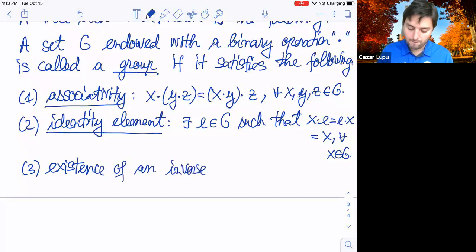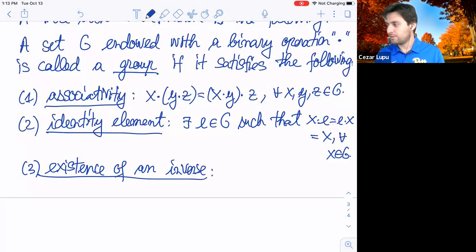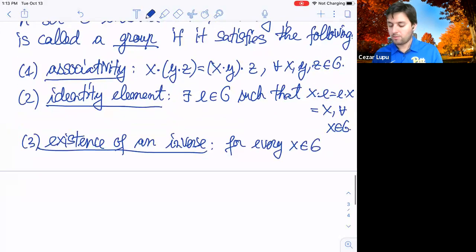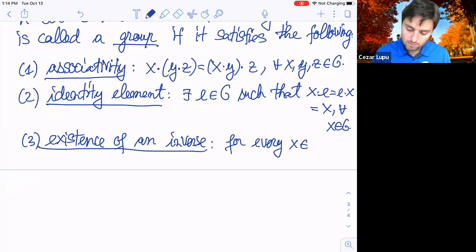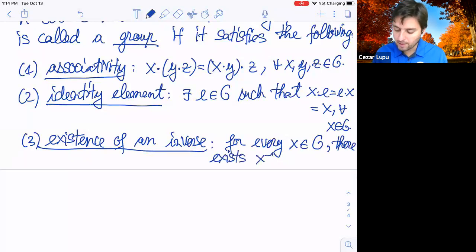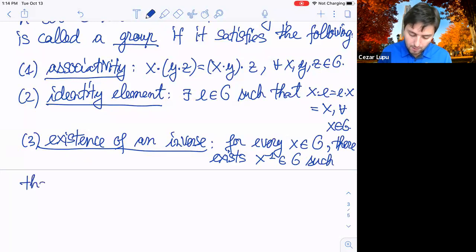And the third one is the existence of an inverse. This says that for every element x in G, okay, this is G here, not 6, there exists an element x to the power -1, so x inverse, in G, such that x dot x inverse is x inverse dot x and is the identity.